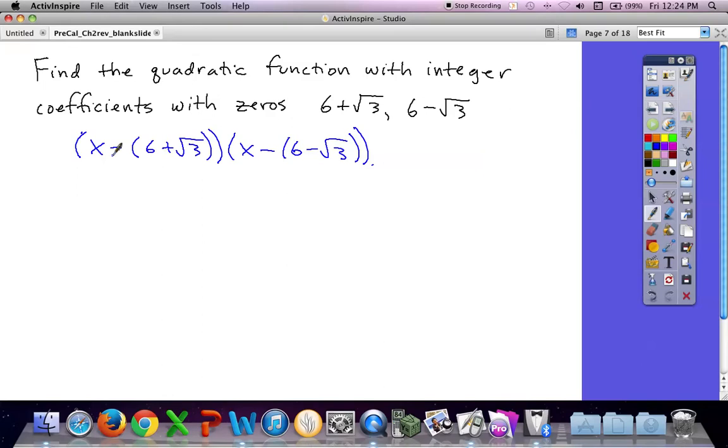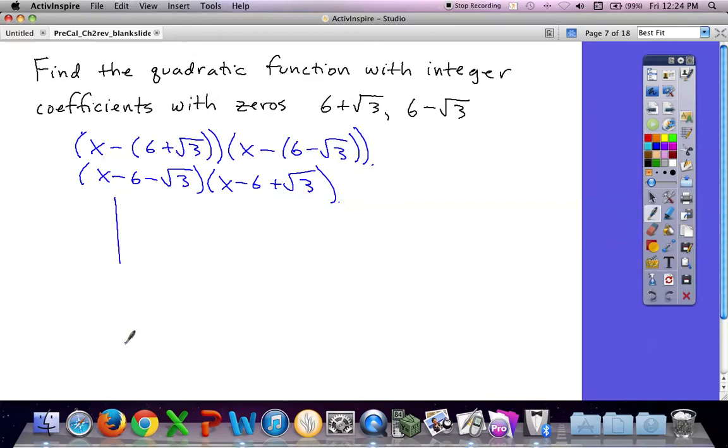Now I should distribute the negative so I can lose the inner parentheses. That is x minus 6 minus the square root of 3, times x minus 6 plus the square root of 3. Okay, now how do I multiply the 3 terms in one set of parentheses times the 3 terms in the other? The chart, right? Do the chart.